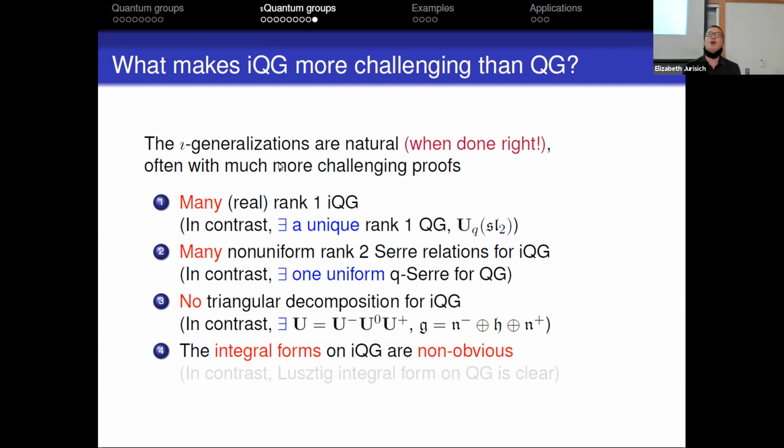The integral forms are not obvious at all. I will show you an example in the simplest case, a real rank 1. That's one reason: without integral forms, you cannot talk about geometric structure, categorical structure, nothing. You don't suspect those things.